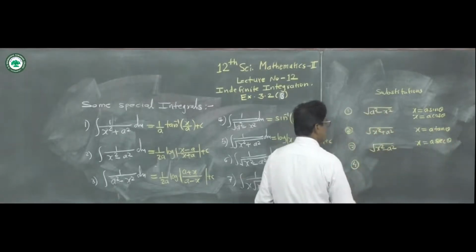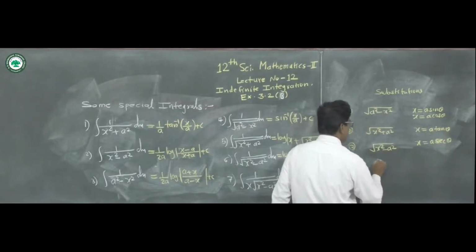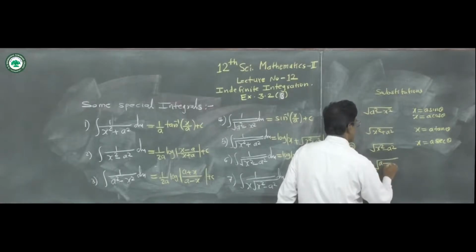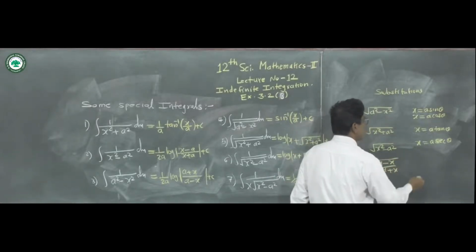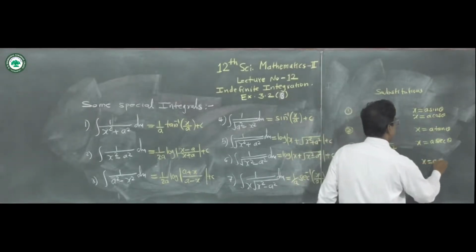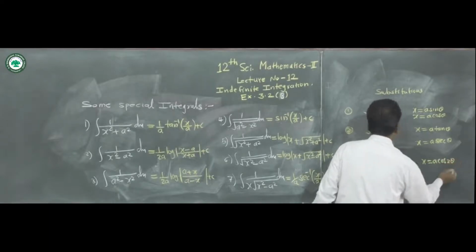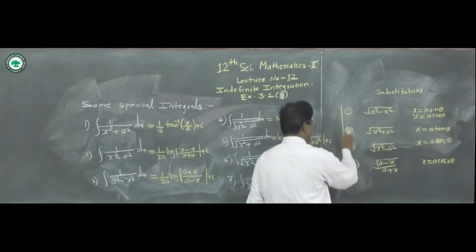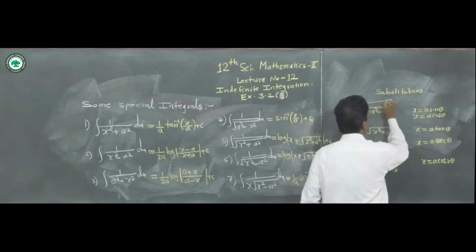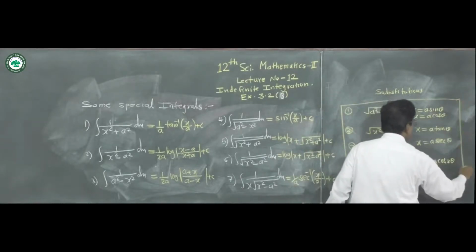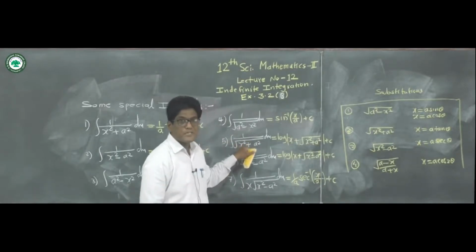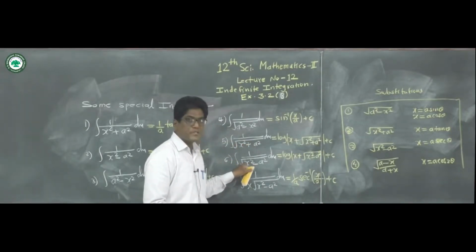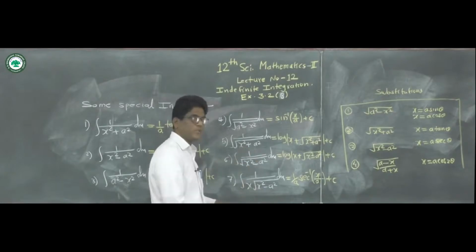And the fourth substitution: under root of a plus x upon a minus x, or a minus x divided by a plus x, then we put x is equal to a cos 2 theta. These are important substitutions when we solve problems. When there is 1 upon root a square minus x square, 1 upon root x square plus a square, 1 upon root x square minus a square, then we have the formula.